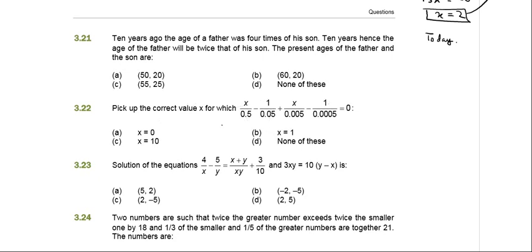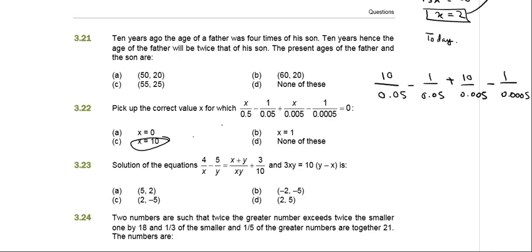So in exams you will put option A, then option B, then option C, and check if the equation is satisfied. Over here C is actually the correct answer. How can I know this? When I put 10 in place of x, it will be 10 divided by 0.5 minus 1 divided by 0.05 plus 10 divided by 0.005 minus 1 divided by 0.0005.